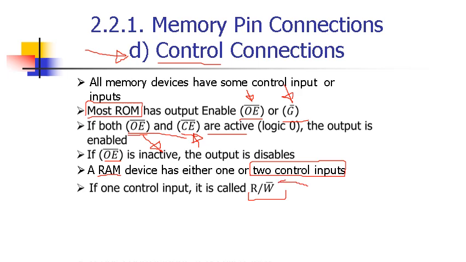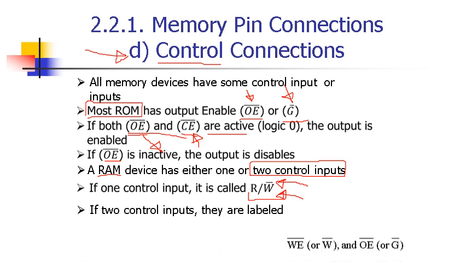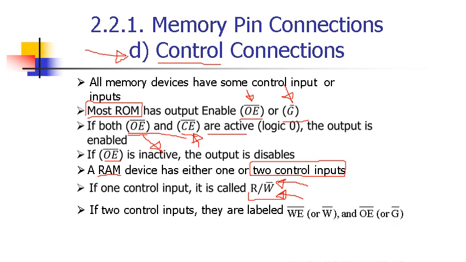You provide a 1 if you are reading, you provide a 0 if you are writing. Okay, and sometimes they use two control pins, W bar for writing, OE or G for reading. You enable the output to get the output from your RAM, or you're writing to your RAM.